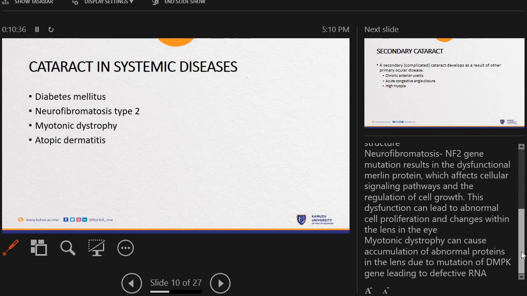And with atopic dermatitis, this is an inflammatory condition, and sometimes it can extend to affect the lens, thus causing cataract. Also, in the treatment of atopic dermatitis we mostly use corticosteroids, and corticosteroids are well known to cause cataract.